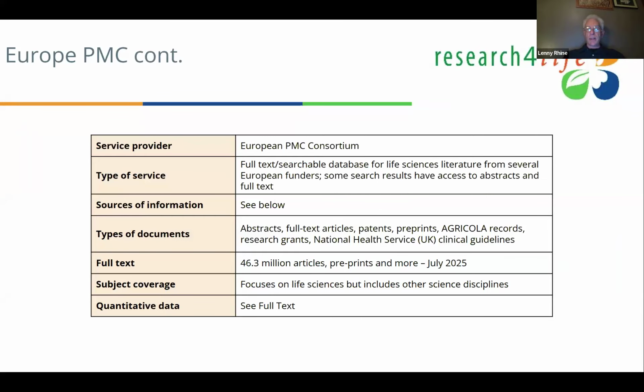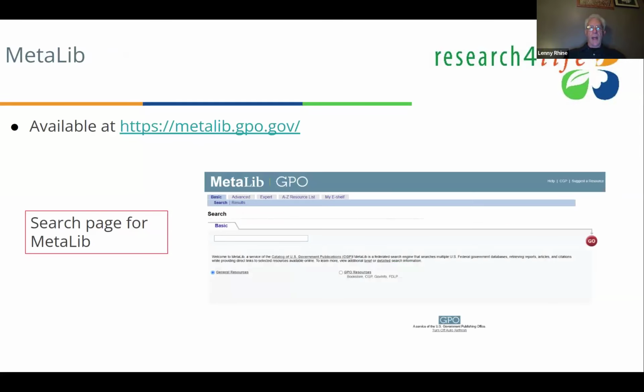It's got Agricola records. Those will be discussed in the breakout room. It's the database from Agris, from FAO. Okay, full text, again, 46 million articles. Focuses on the life sciences, but includes other science disciplines. Okay, so that's another useful one.